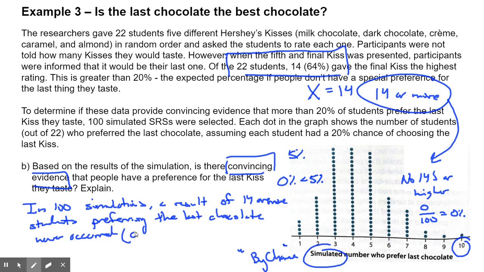And in parentheses, I put 0 out of 100, which is 0%. So that is me explaining in the simulation how many times our result occurred. And again, notice the 14 or more. A lot of people forget the or more or less, depending on what you're trying to measure. This was 14 or more.